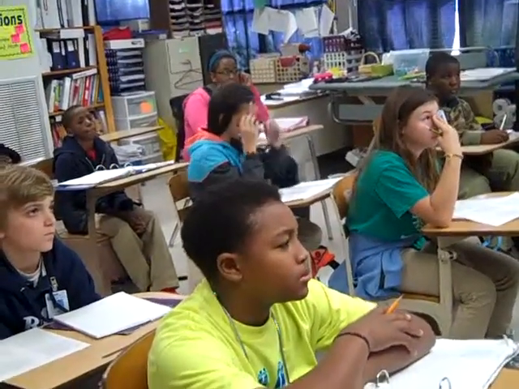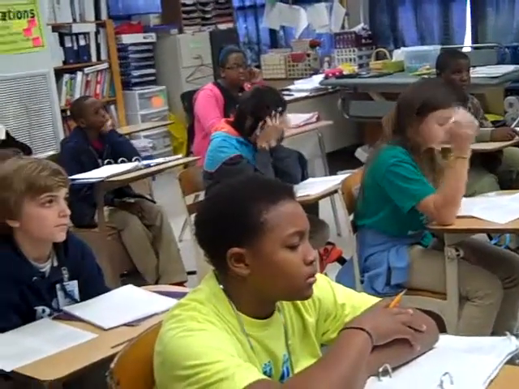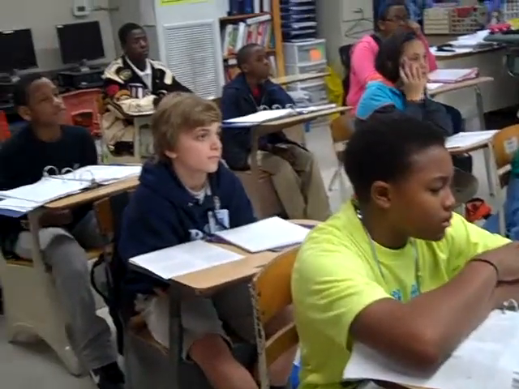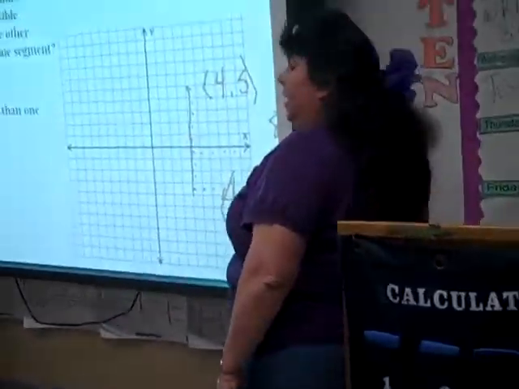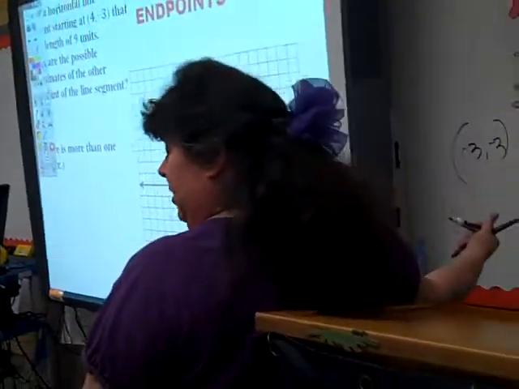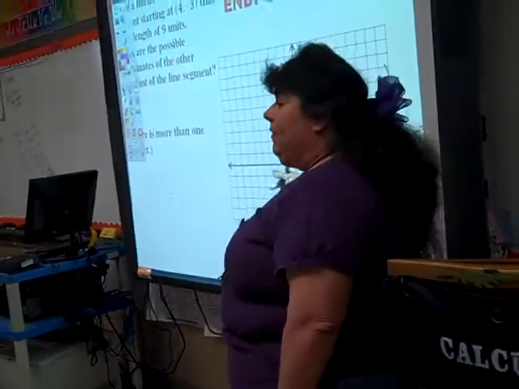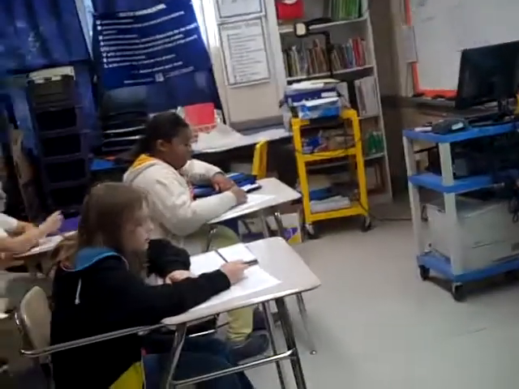So from our 4, negative 3, I want to go 9 units. 13, negative 3. If I go 9 units this way, what would it be if I go 9 units that way?